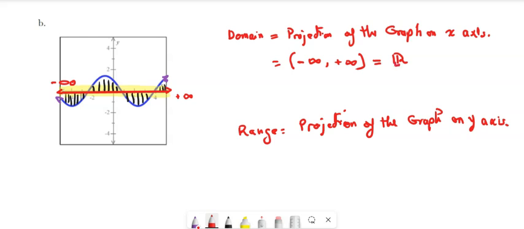So capital R. Now let's go to the range, and the range again is the shadow of the function on the y-axis, so a projection. This projection is going to be horizontal. So let's do the horizontal projection as well. This is your axis that you're going to look for the shadow on.